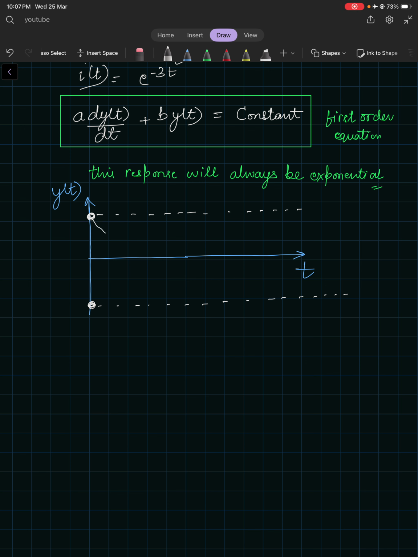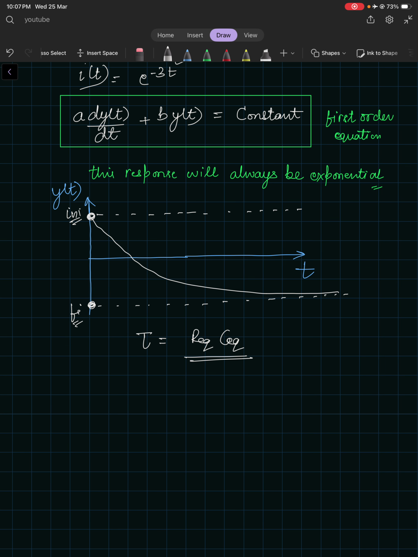This will always go this way. This is the initial point, this is the final point. You can directly draw the graph like this. And then you have to find the time constant, at what rate it is decaying or rising. For that you need to know the time constant tau. It is always equal to R equivalent times C equivalent, right?